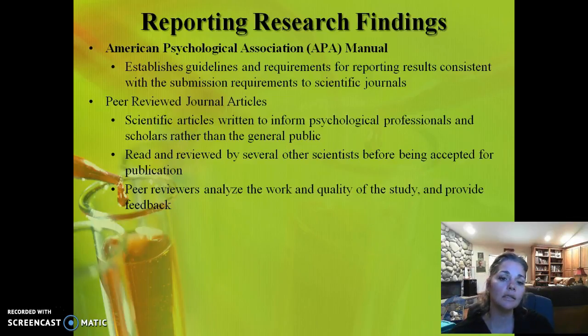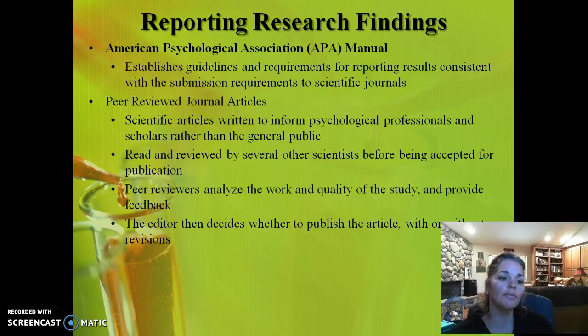So they analyze the quality of the work, they give you feedback, and then the editor ultimately gets to decide whether they're going to publish the article and whether they're going to publish it with or without any revisions that were recommended. And this is really important because it allows replication. And remember, we said in the very beginning of this chapter that replication is critical to science, because we need to look at studies, look at their results, and try to repeat those results.